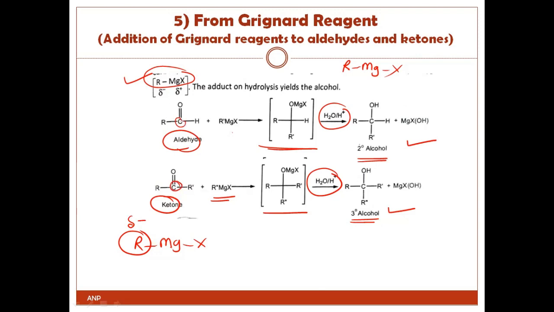While the MgX part of the Grignard reagent is delta positive and it gets added to the carbonyl oxygen of aldehydes as well as ketones.